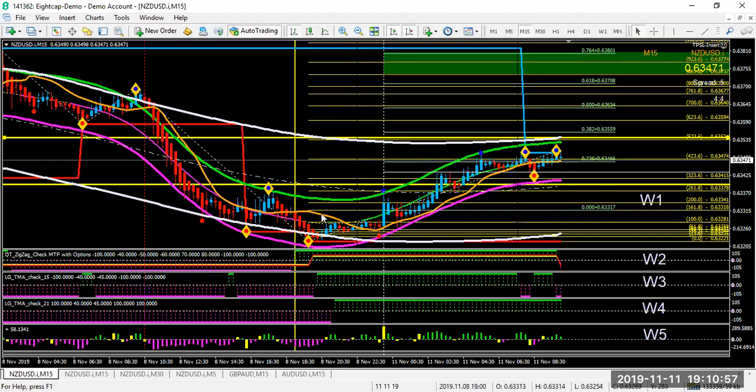Even here we can see the price, although it goes up and down in the 15-minute river, is still in the buy zone of the hour river.